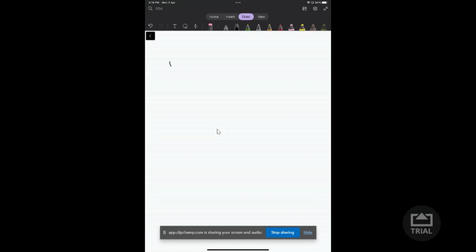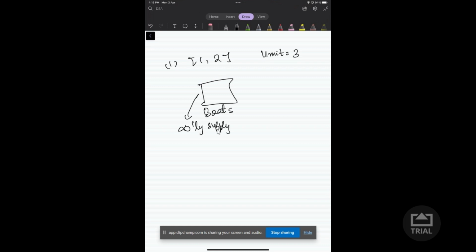Let us first understand the problem. So we have 1 2 as the first test case and limit equal to 3, right? And we have a boat, and we can take as many boats as we want, infinite supply. And we have some conditions also. What are the conditions?